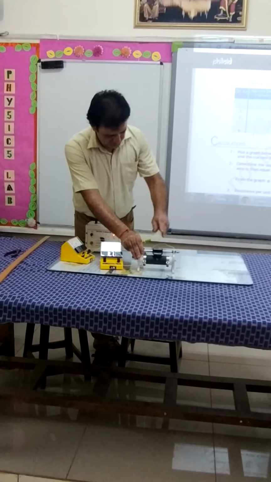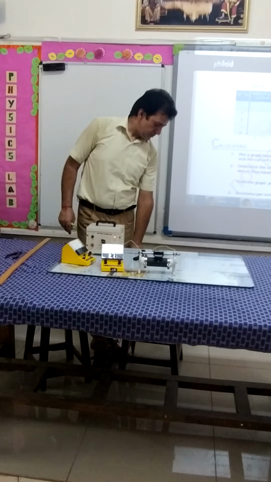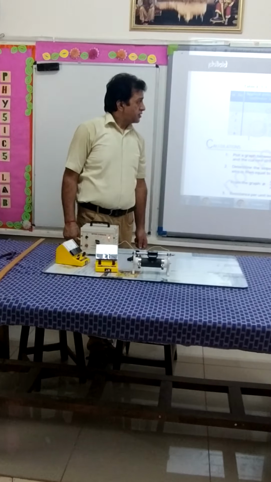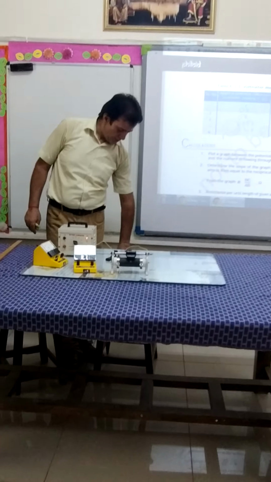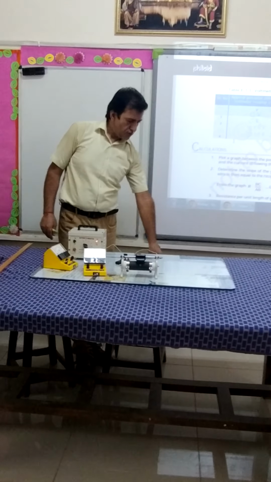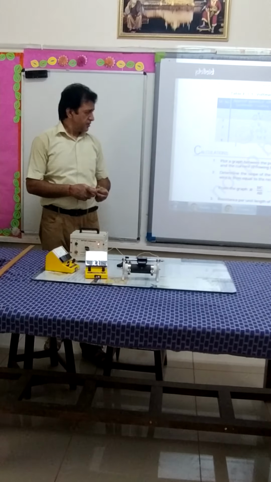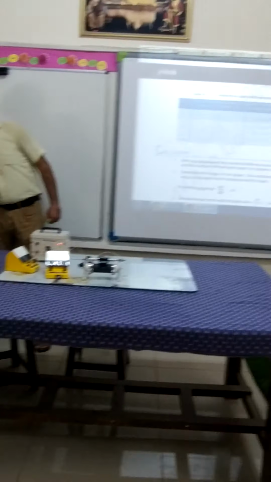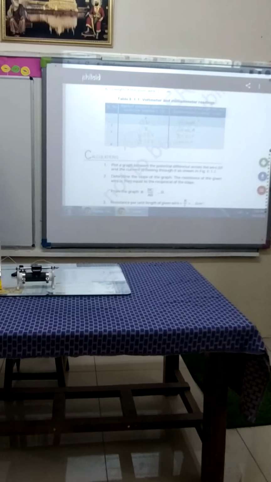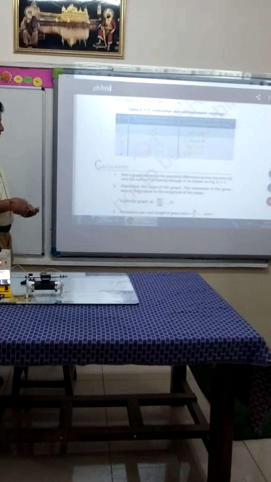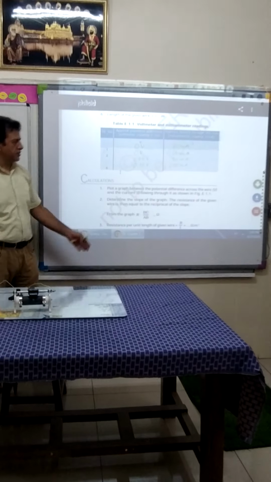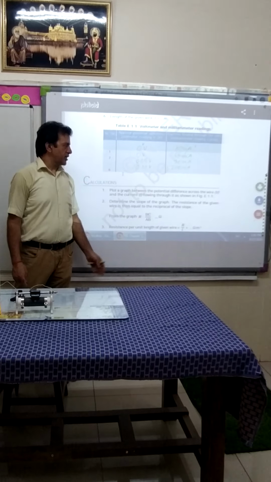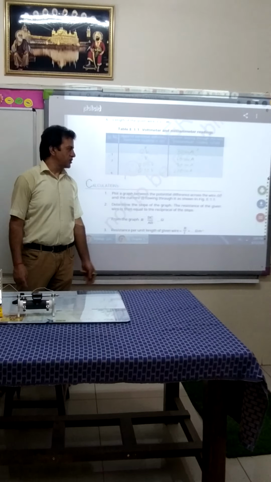So with the increase, we will get different values of the current and voltage for the change in battery voltage. So some of those readings may lie on the straight line. Some of the readings may not lie on the straight line, so that means we have to omit those readings.